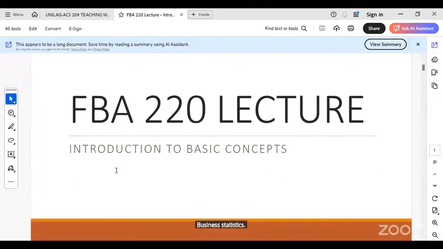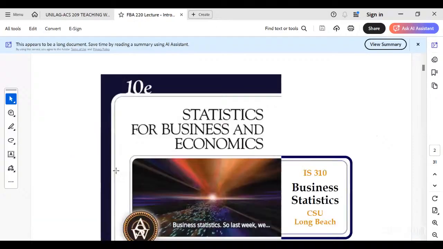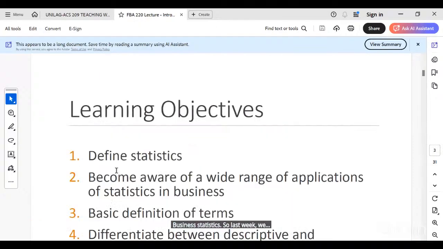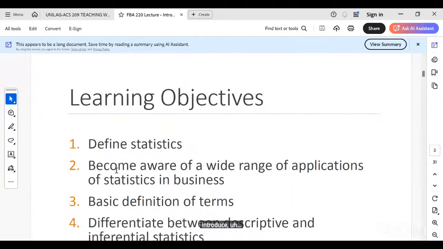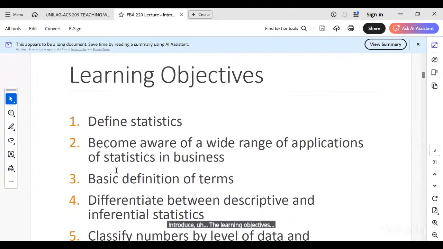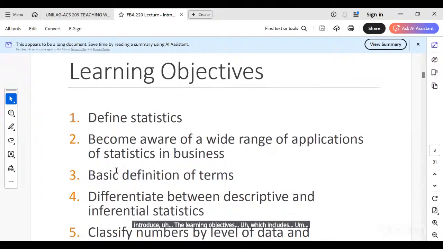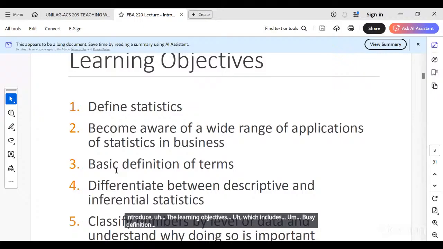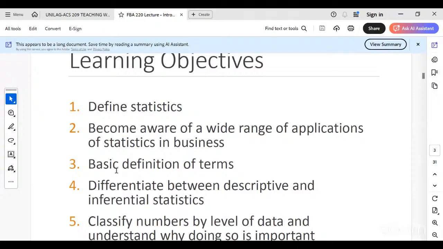So last week we introduced the learning objectives, which include basic definition of statistics and business statistics.